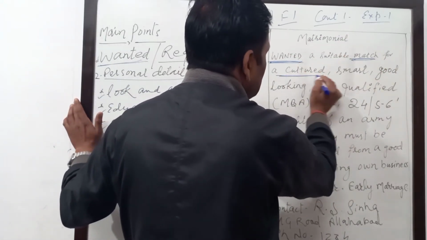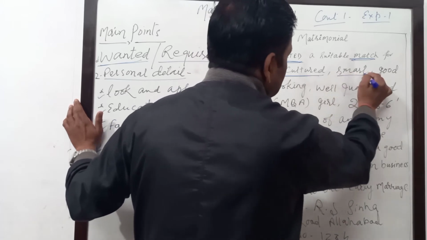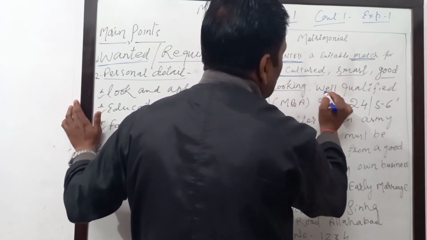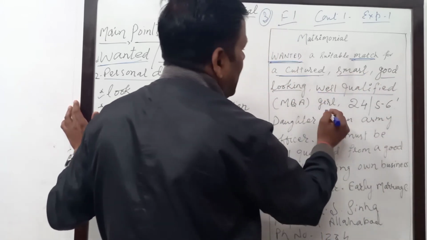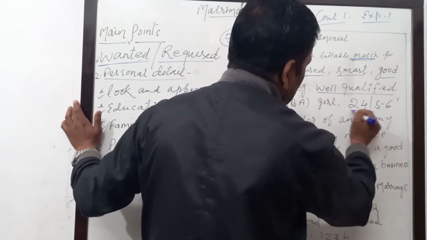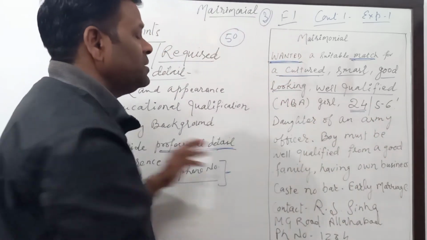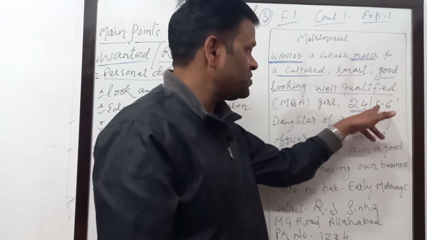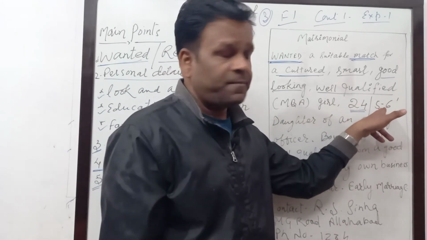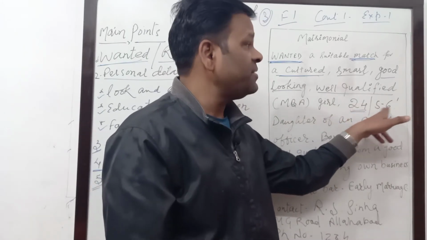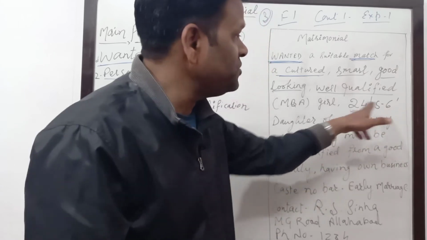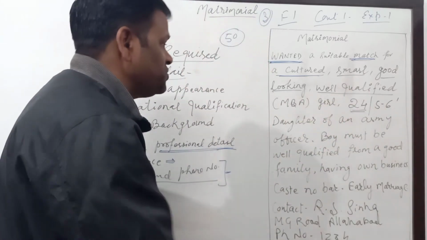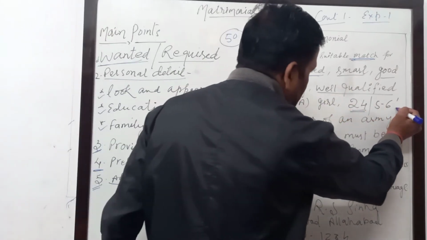These are the qualities of the girl: she is cultured, smart, good looking, and also qualified. And the age and height of the girl are given here: MBA girl, 24, 5 feet 6 inches. That is the age and the height that you have to mention. After that, you can put a full stop.